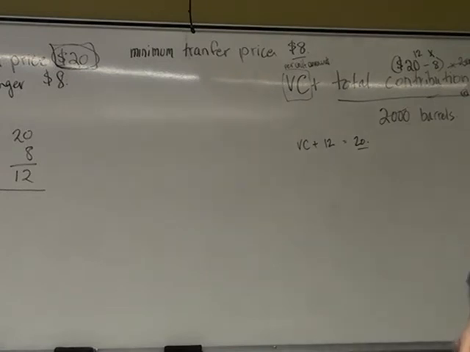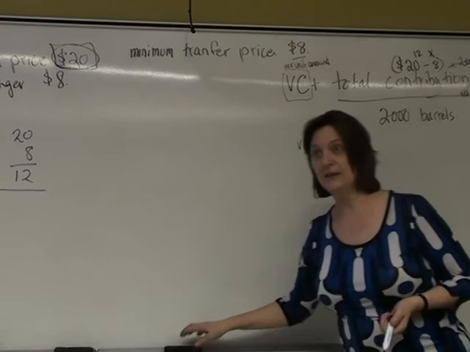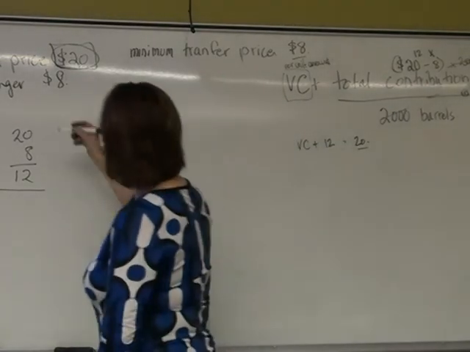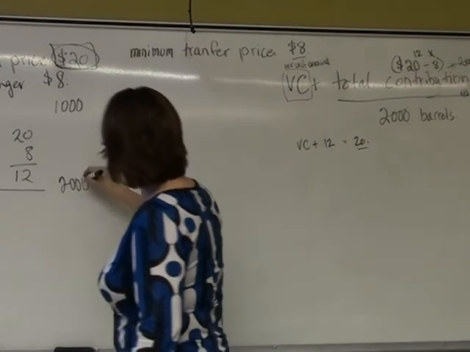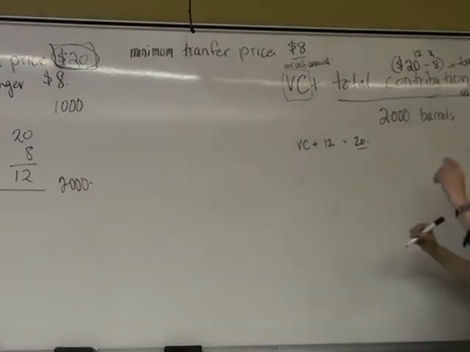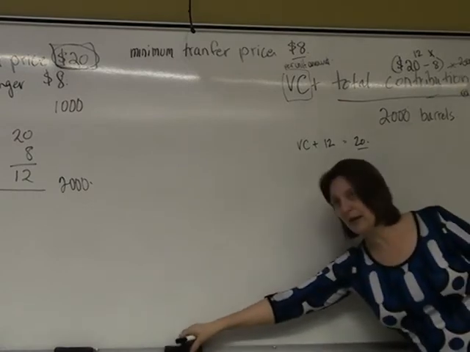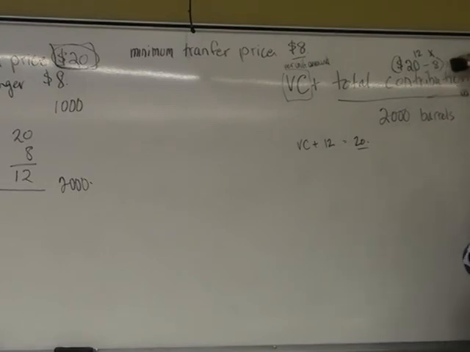Because then, say they have room to make 1,000, but these guys want 2,000, then they're going to be ahead on the 1,000, but they're going to lose this contribution margin, not on 2,000, just on the 1,000 that they could have sold for 20.